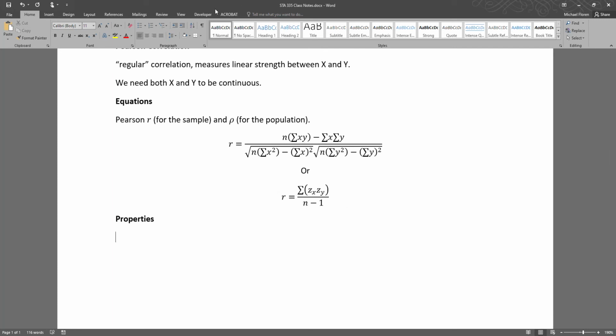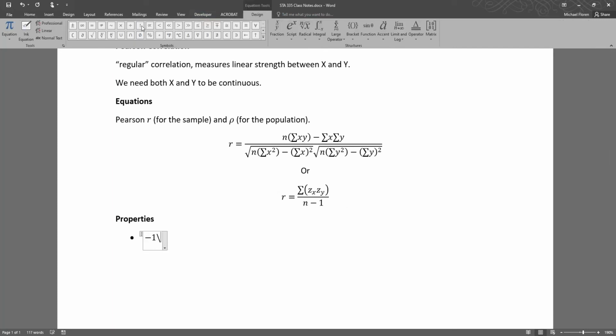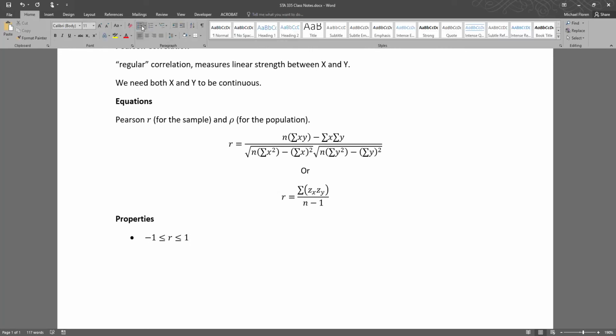Let's talk about some properties of the Pearson correlation coefficient. First off, the Pearson correlation coefficient is between -1 and 1, where -1 and 1 indicate a perfect or a maximum strength relationship.